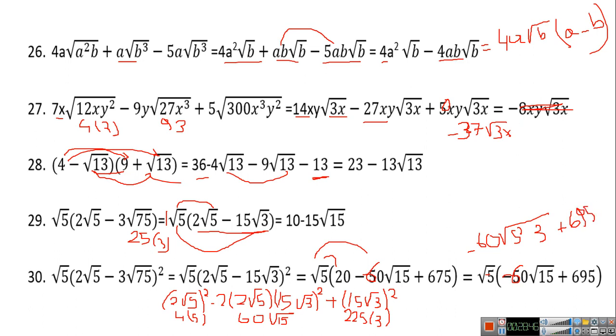Root 5. So now here you can take 5 outside, so it will be minus 300 root 3 plus 695 root 5.